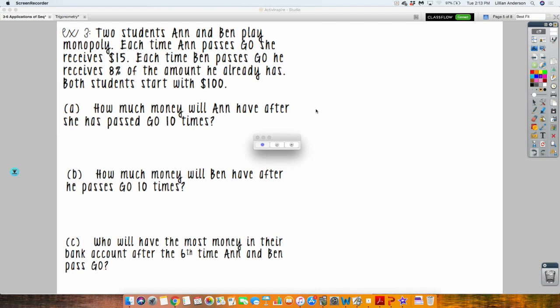So, how much money will Ann have after she passes Go 10 times? She's receiving $15 every time she passes Go. It is arithmetic, okay? We can actually use the arithmetic sequence formula to figure this out.